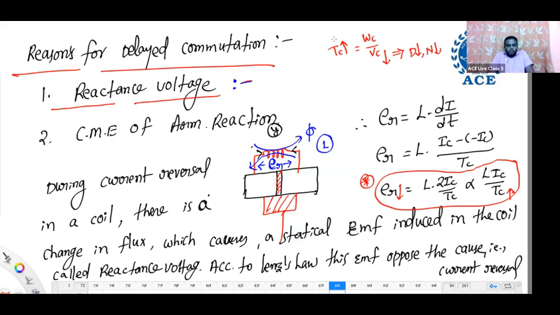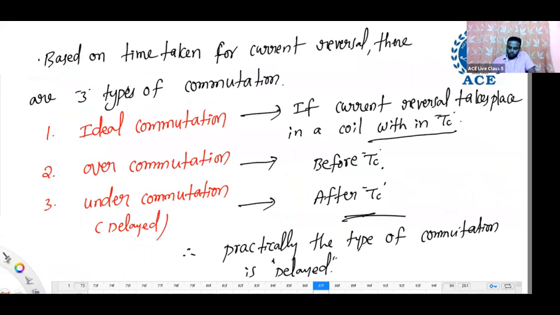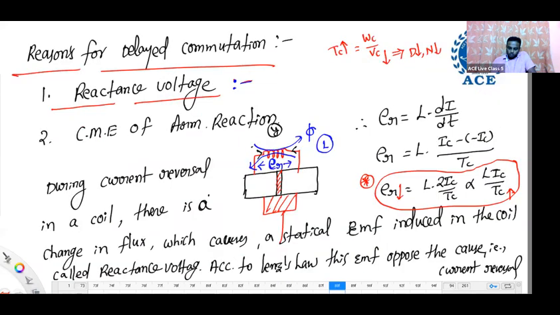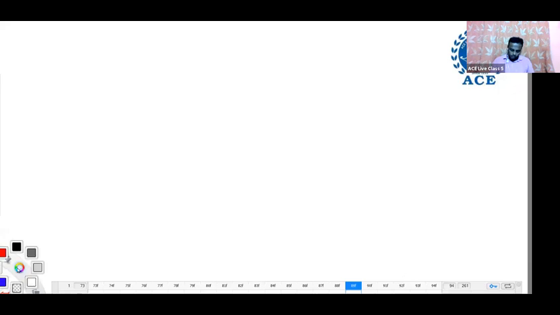Okay, next, the second one: cross magnetizing effect of armature reaction. The second reason is the cross magnetizing effect of armature reaction.